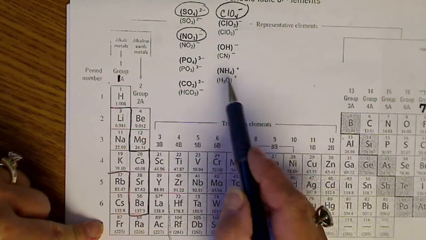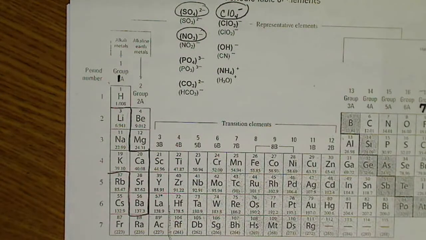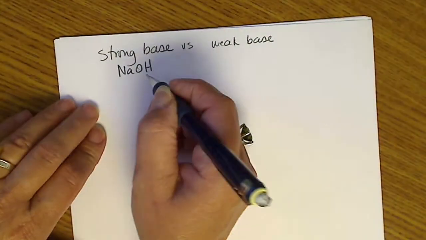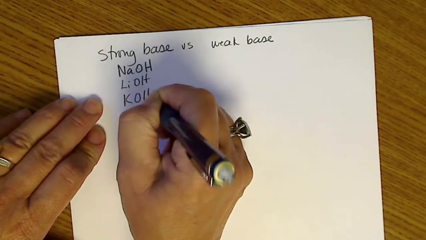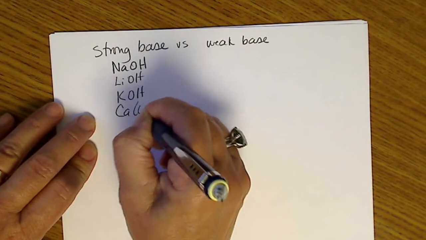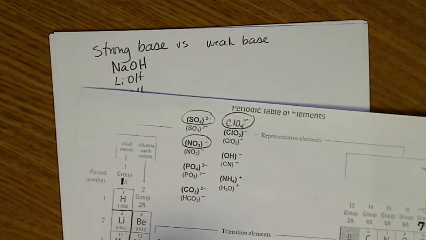Magnesium can be paired up with hydroxide, but that's generally a solid. So the strong bases, sodium hydroxide, lithium hydroxide, potassium hydroxide, calcium hydroxide, because calcium is in the +2 column.